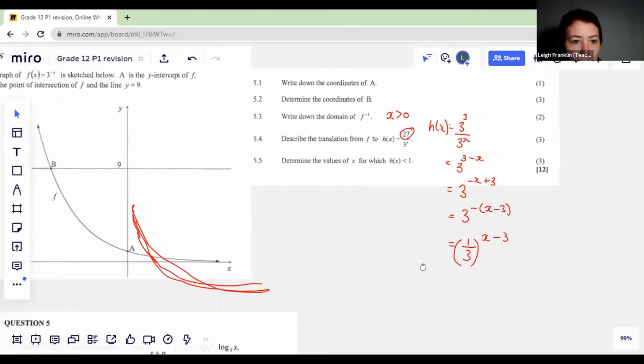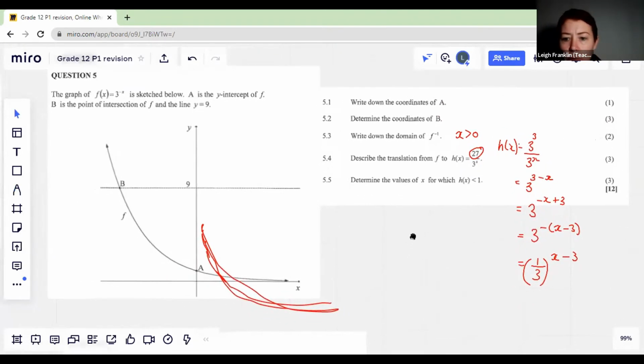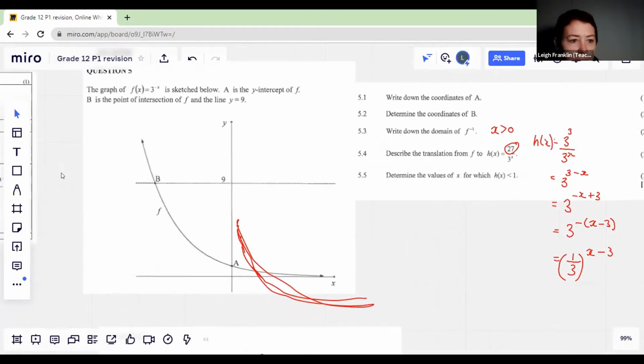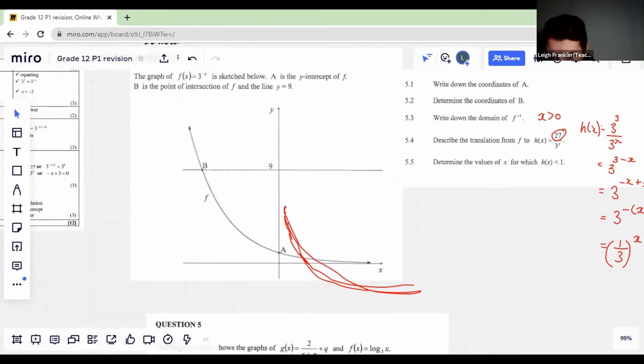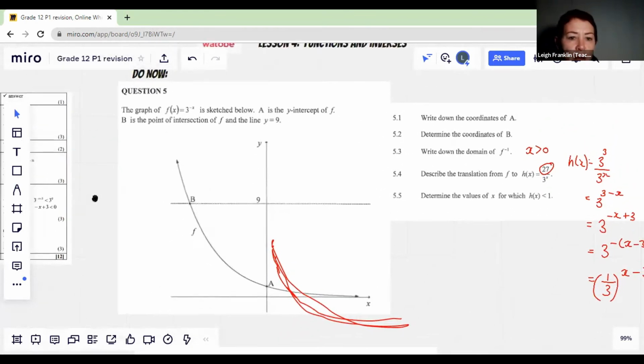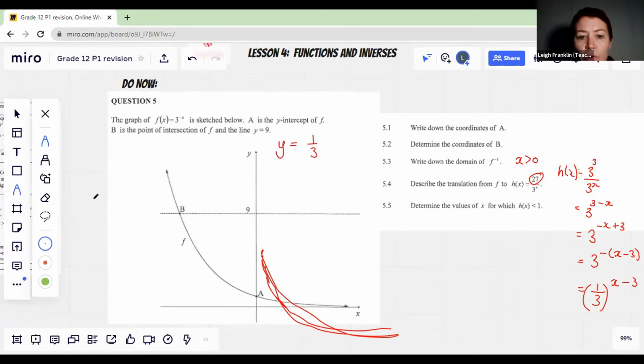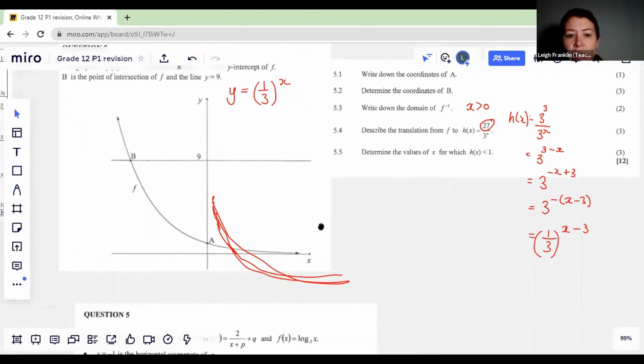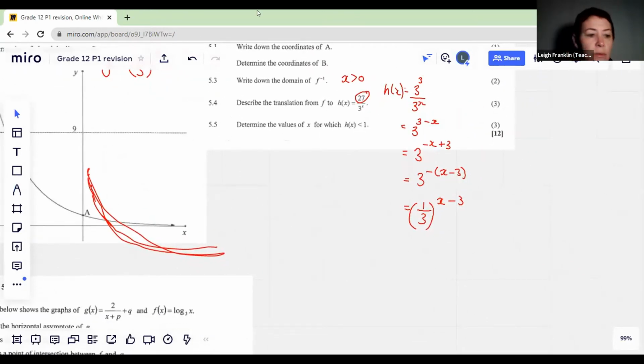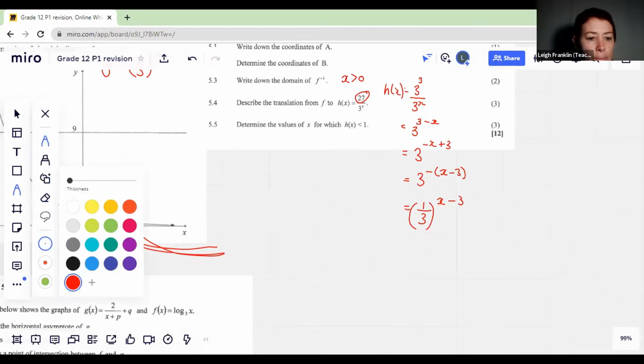Isaiah, our original function was f of x equals 3 to the minus x, right? So that is the same as y equals 1 over 3 to the x, isn't it? The only thing that's changed now that we've done all of this manipulation is this minus 3 over here.